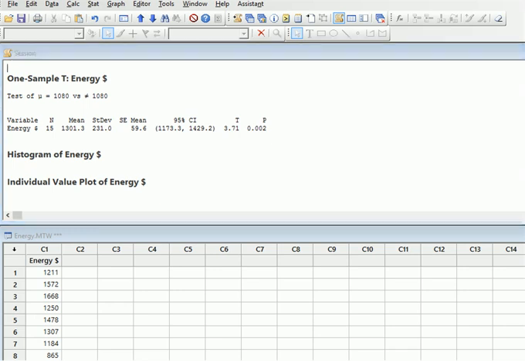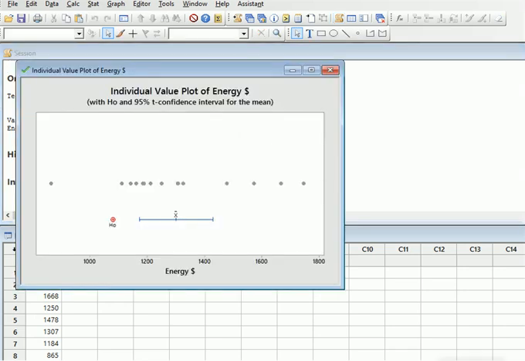The second graph we have made is the individual value plot of your energy. This graph tells you that the energy expenditure data indicates that most of the values in the sample are between 1100 and 1400. The graph also indicates that your mean is likely to be greater than the reference value specified by you, since the value 1080 is smaller than the confidence interval.